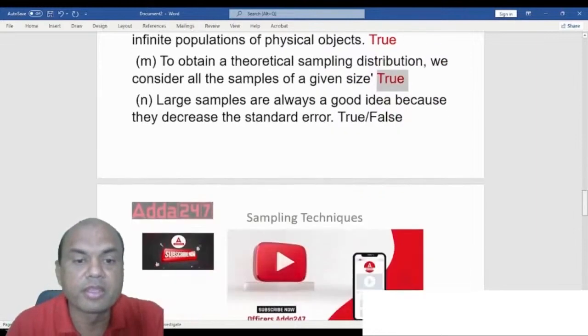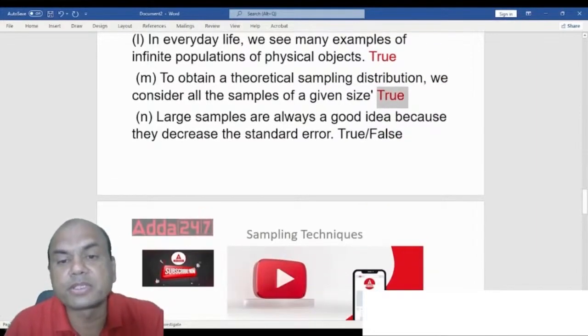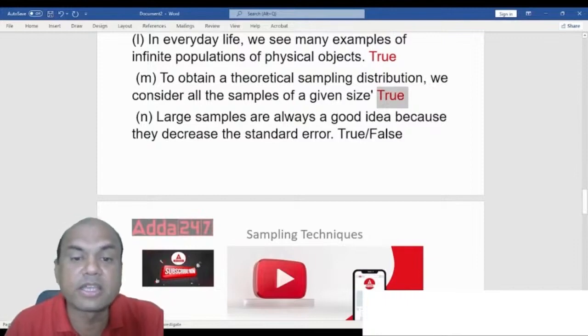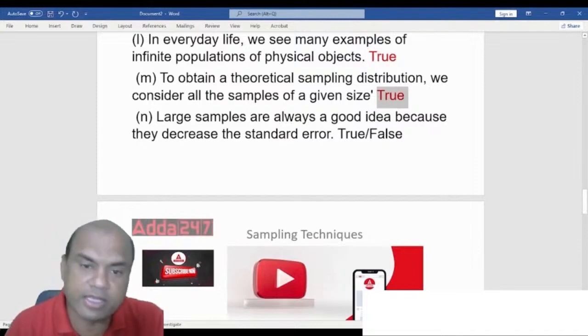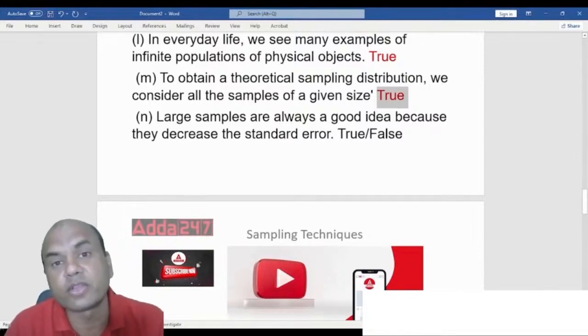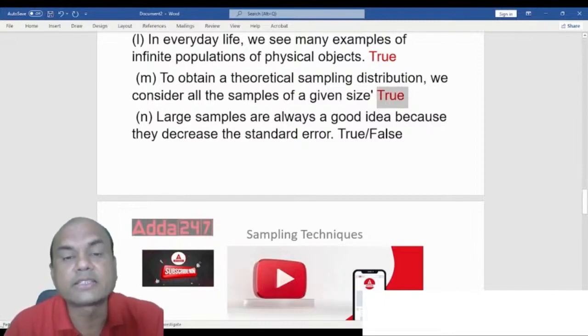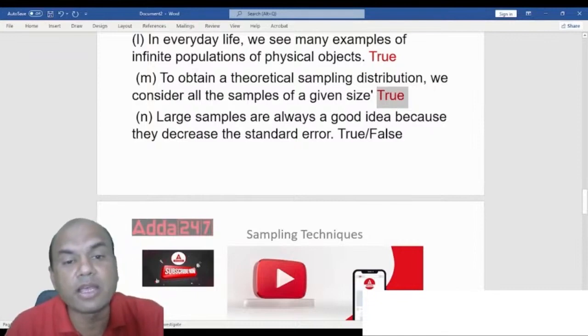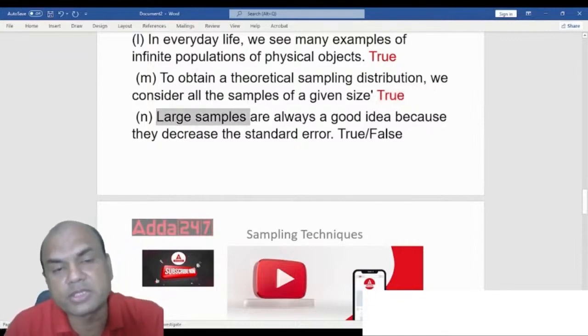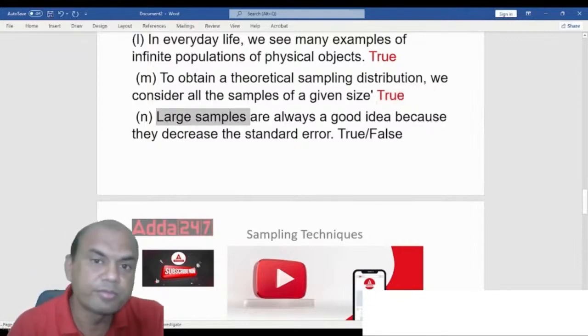Next one. Larger samples are always a good idea because they decrease the standard error. If I have larger samples, will it decrease my standard error? Yes, it will. Just now we saw in one of the above questions, as the sample size increases, the standard error decreases. So does it mean I must always go for larger samples?